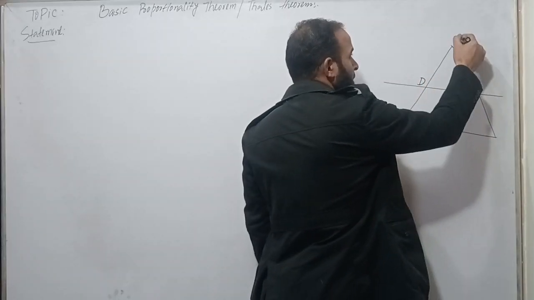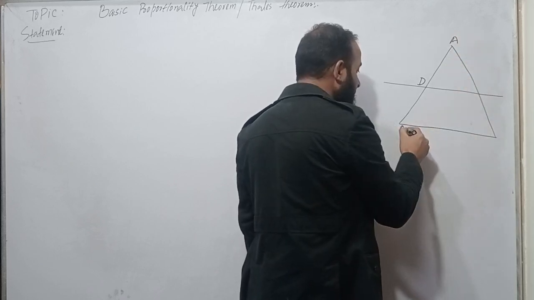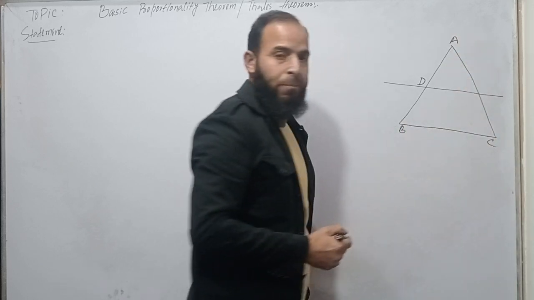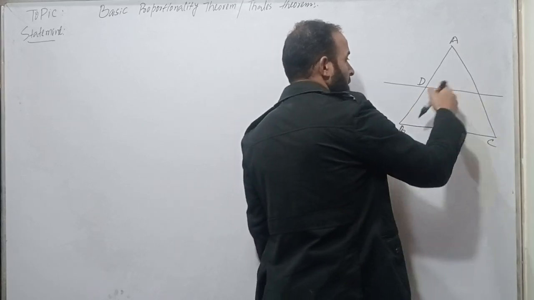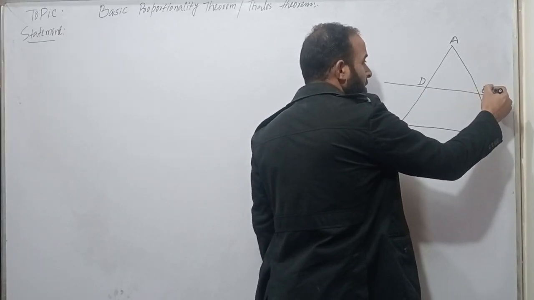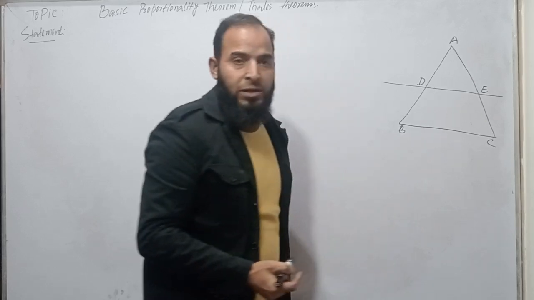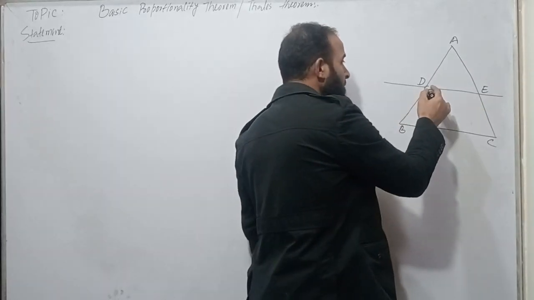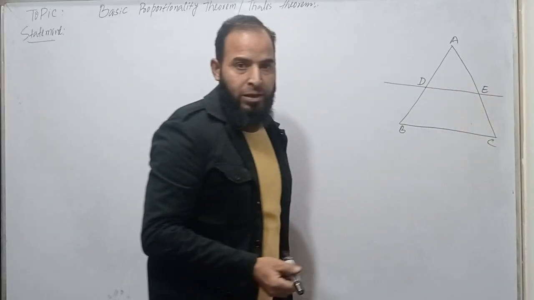Say this is our triangle ABC and this line intersects these two sides at distinct points D and E respectively.